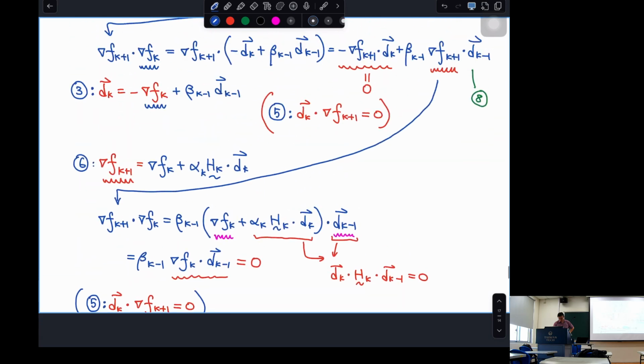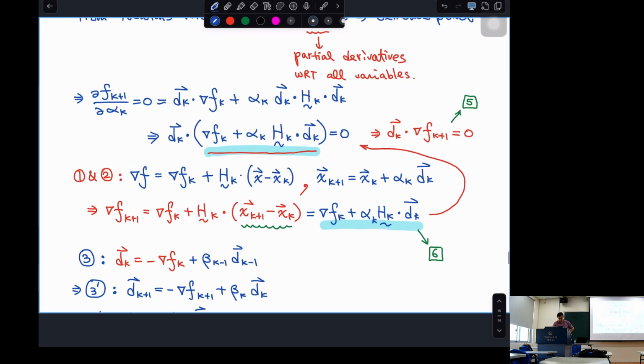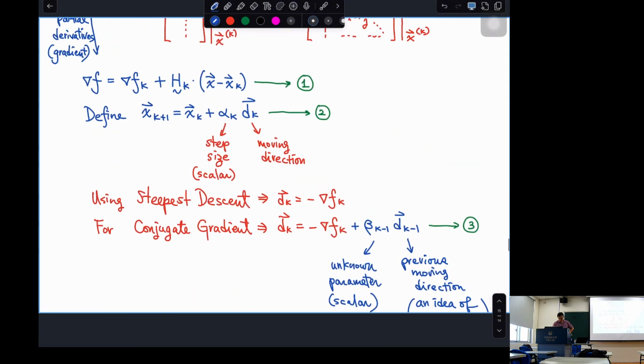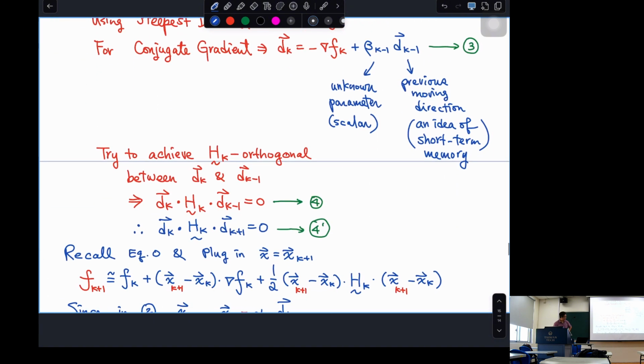Right here, when we first introduced beta, we want this beta to be easily computed, not requiring information of dk, because we need this to compute dk. If the calculation of beta requires dk, then it becomes a kind of cycle, right?